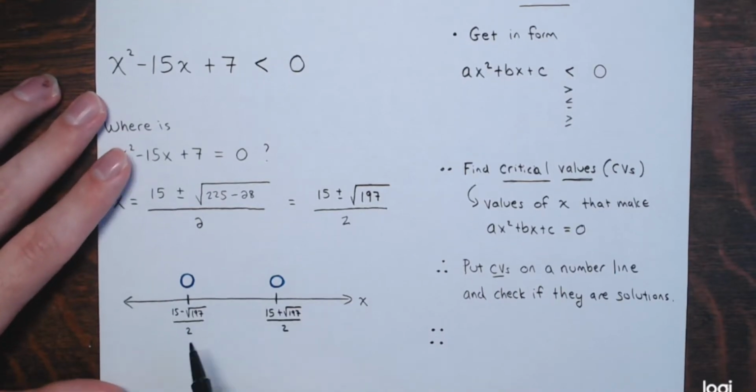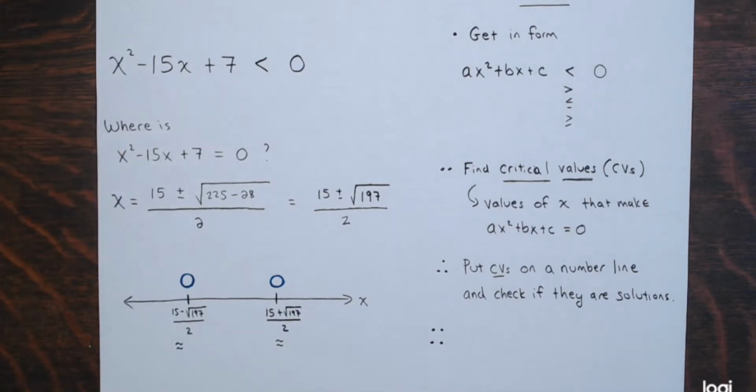Now, if you'd like, I'm going to put these in a calculator to get an approximation. Let me know about what values these are, so I know what values to pick in the intervals.